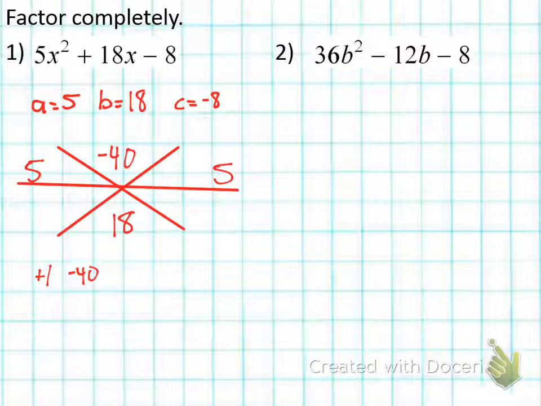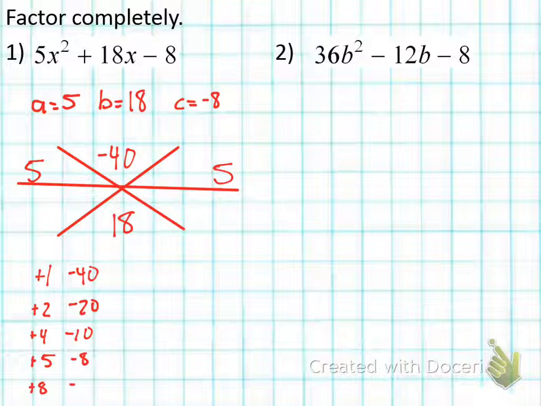So positive 1 times negative 40, positive 2 times negative 20, positive 4 times negative 10, positive 5 times negative 8, positive 8 times negative 5, positive 10 times negative 4, positive 20 times negative 2.